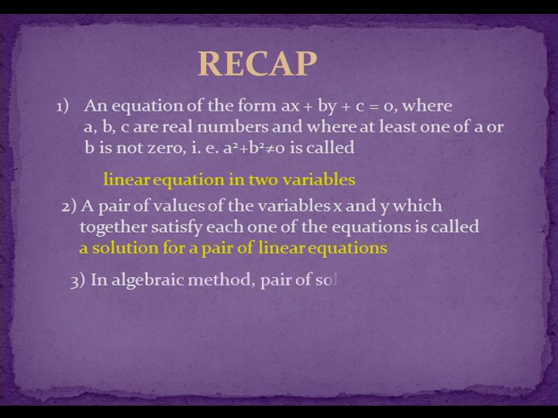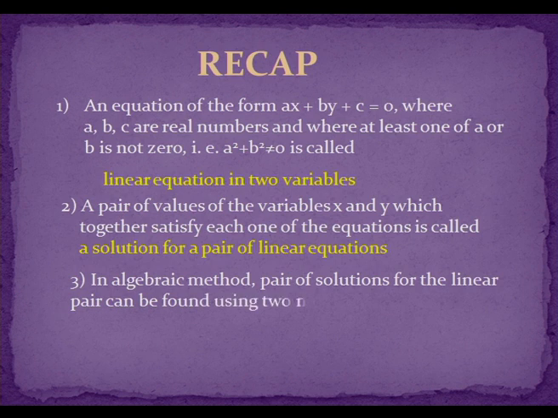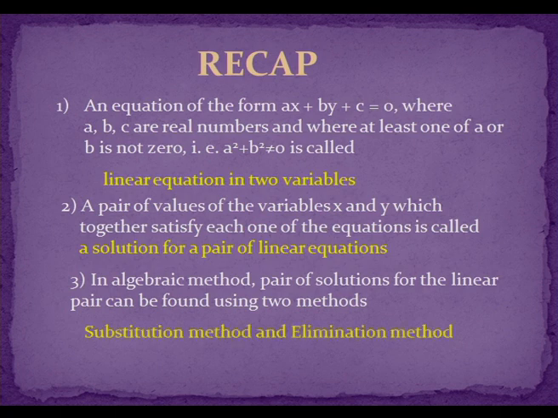In algebraic method, pair of solutions for the linear pair can be found using 2 methods, that is substitution method and elimination method. Okay, children, I hope you all understood what is a linear equation in 2 variables and when do we call a pair of linear equations.